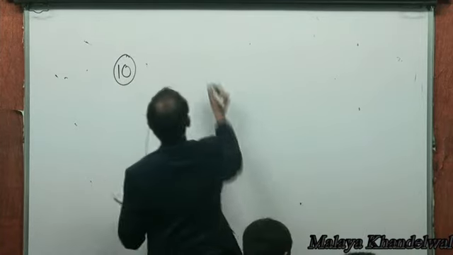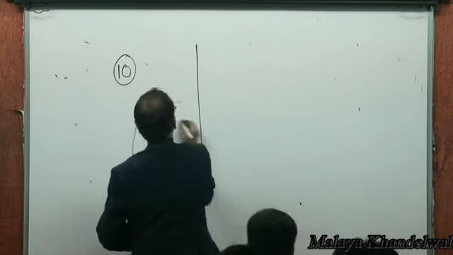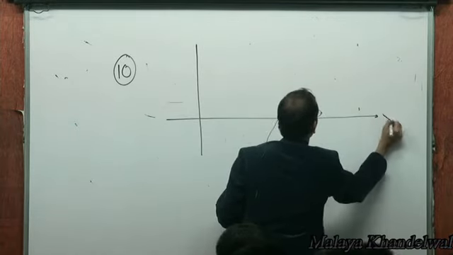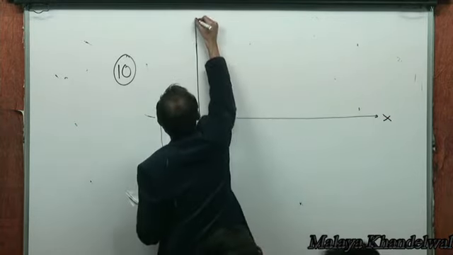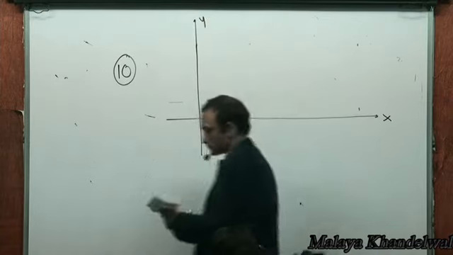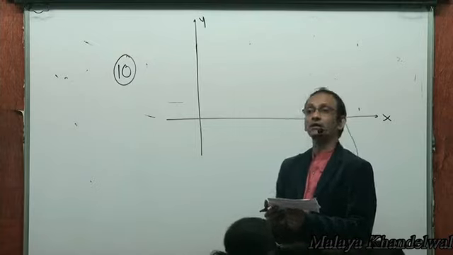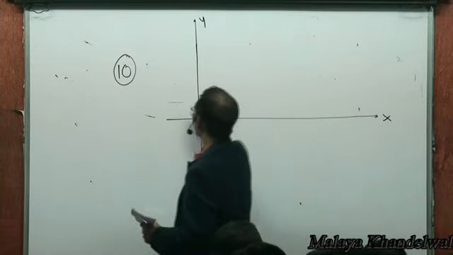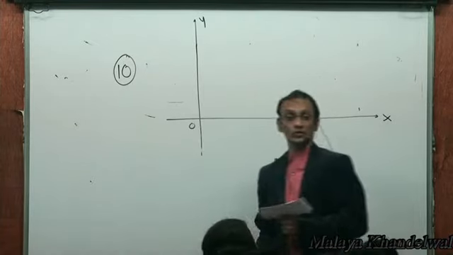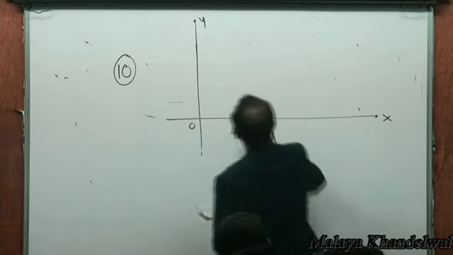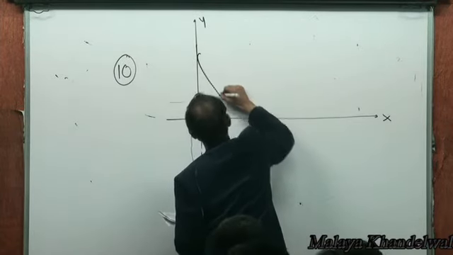So in 10, there is an ellipse that slides between two perpendicular lines. These are two perpendicular lines. O is the origin, and there is an ellipse that slides between these two lines.